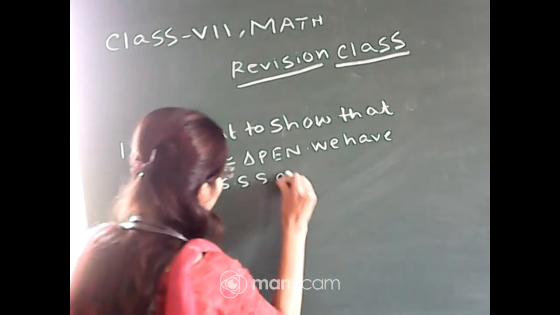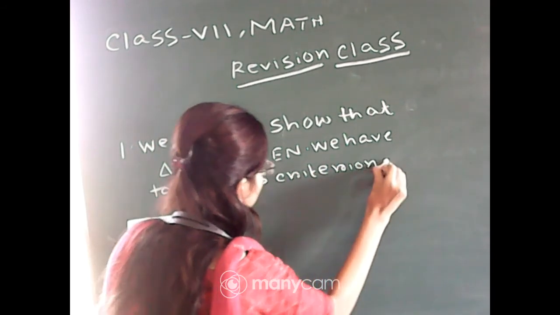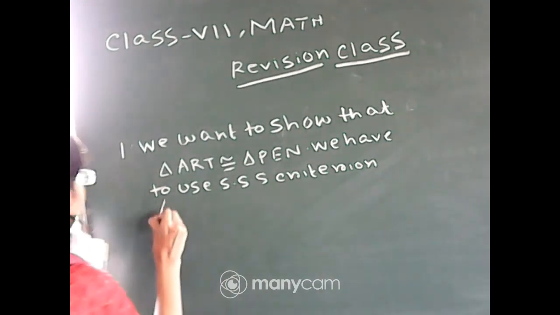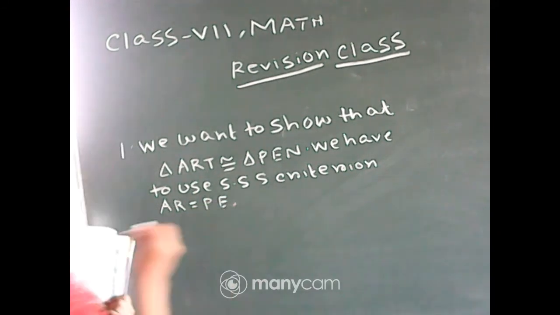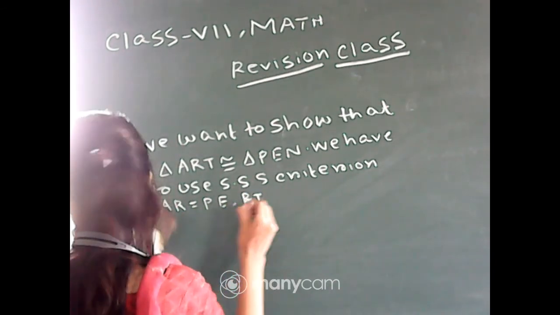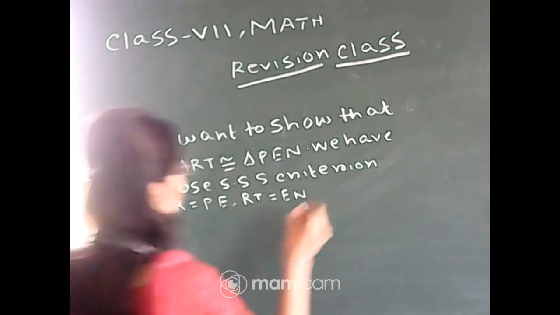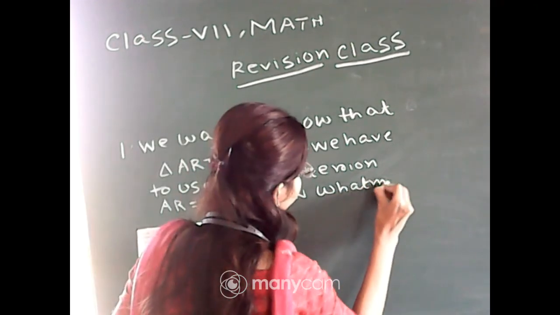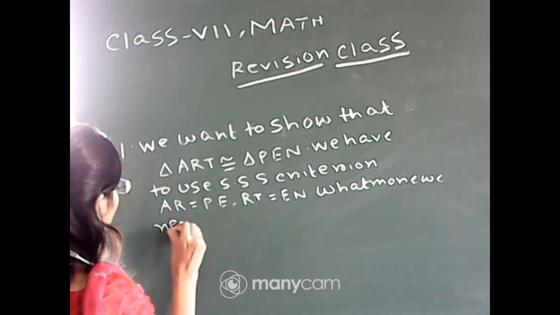And we have side AR is equal to side PE and side RT is equal to side EN. What more we need to show?